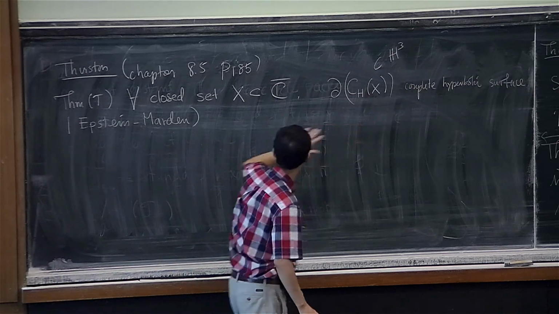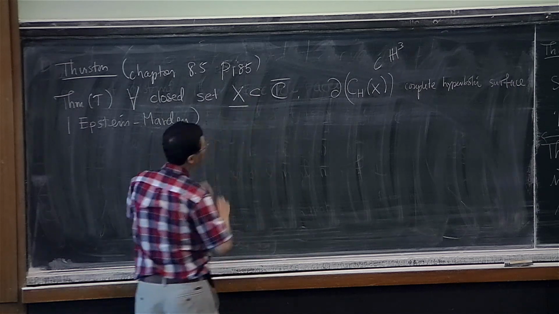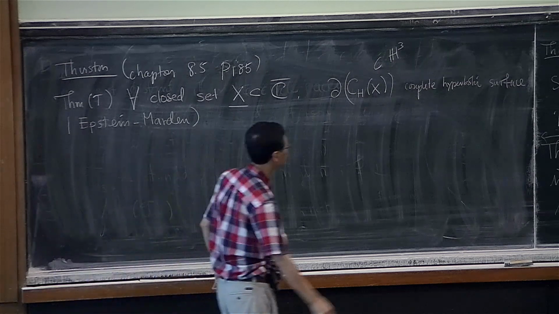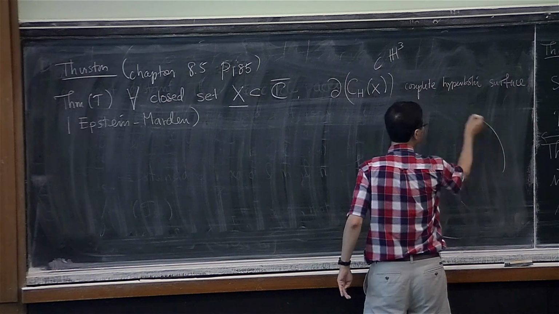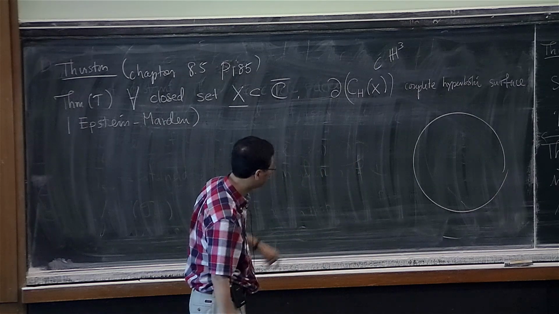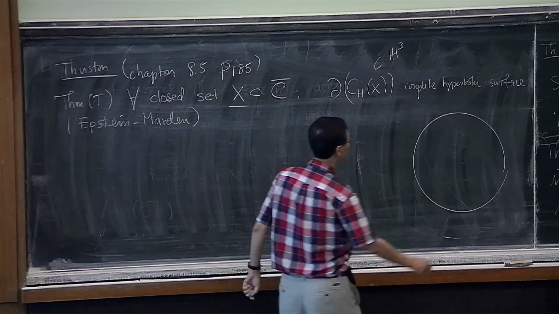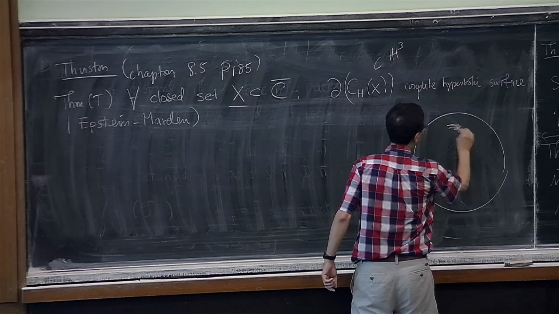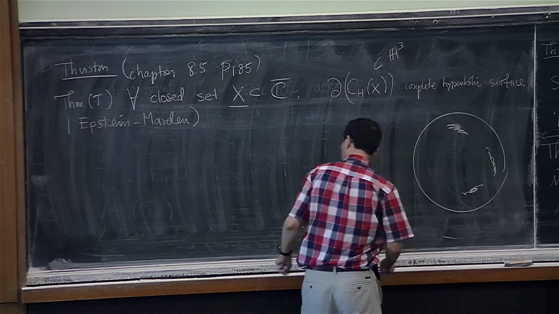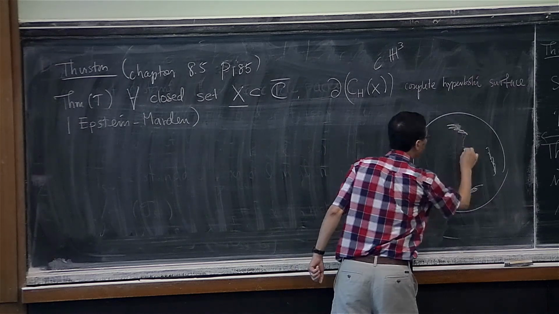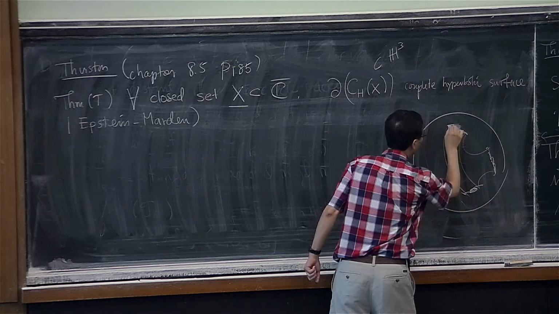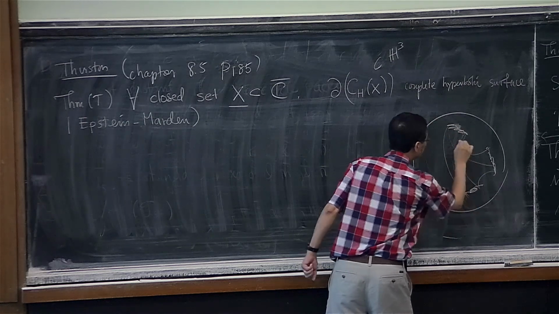So what's important here is that this X appears at infinity of the hyperbolic space. If you think of the hyperbolic space as the interior of an open ball, you take some closed subset here, and you start doing the convex hull by drawing hyperbolic geodesics between these, right?